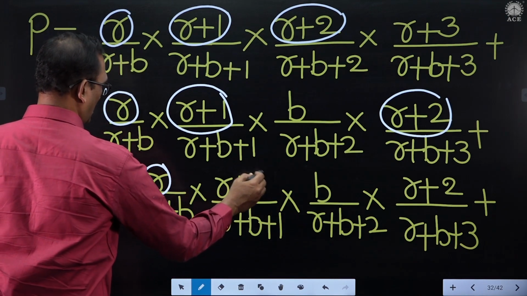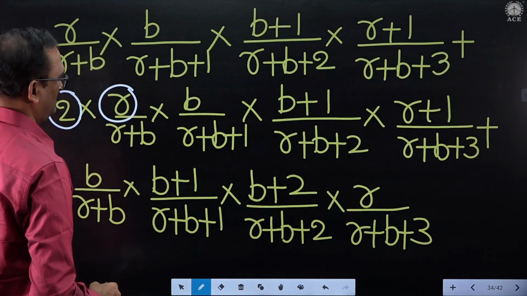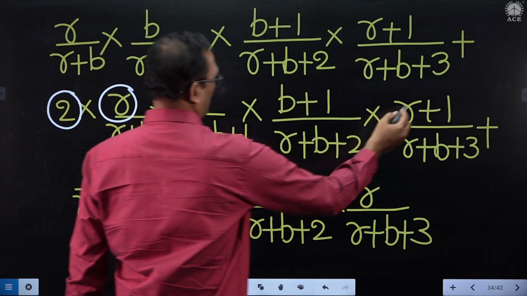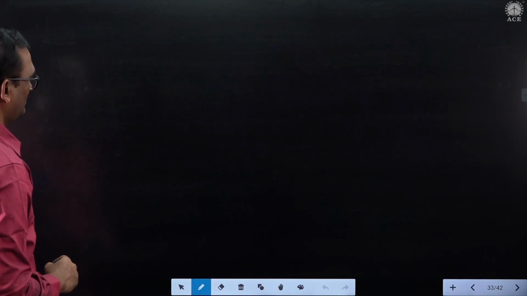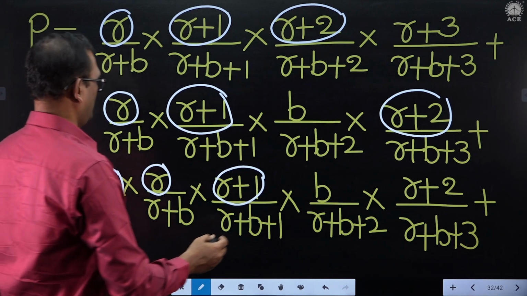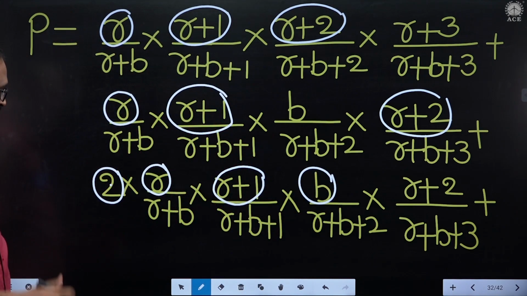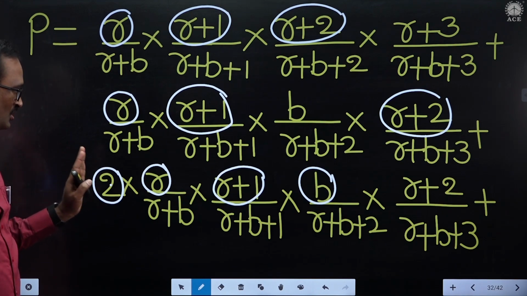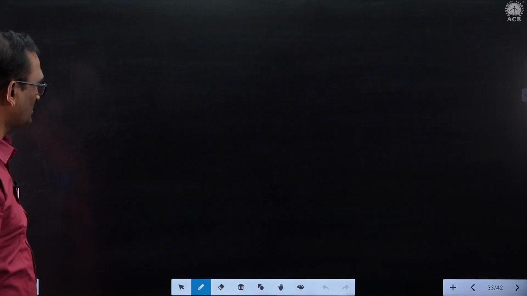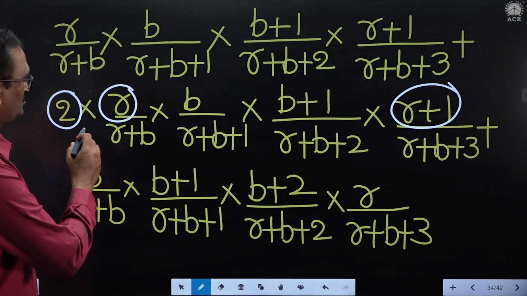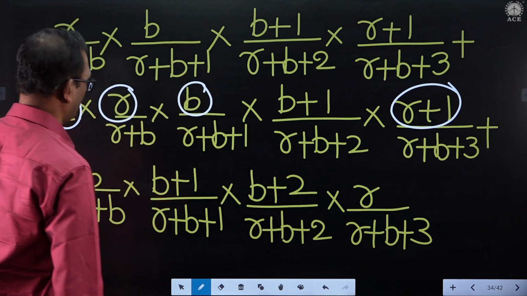Here r plus 1, here also r plus 1. Here b plus 1, b. Here b. So the common factor from those two terms is 2rb r plus 1.